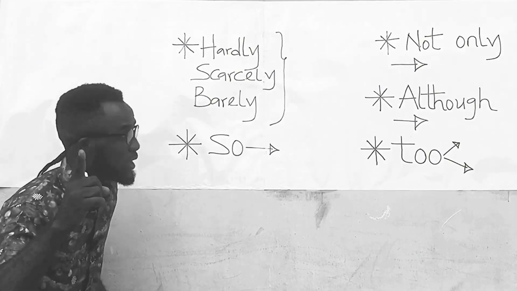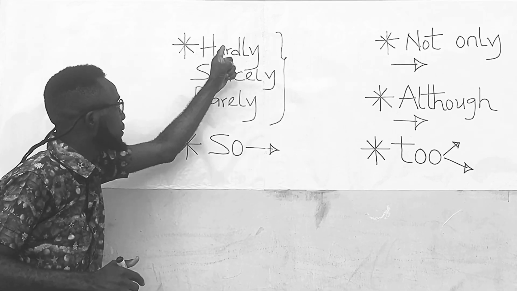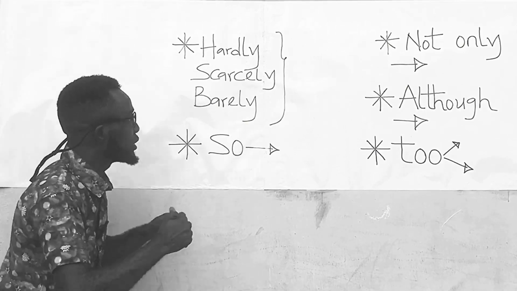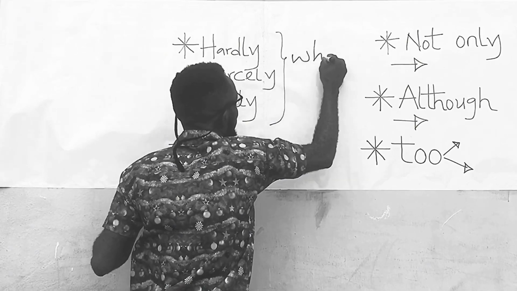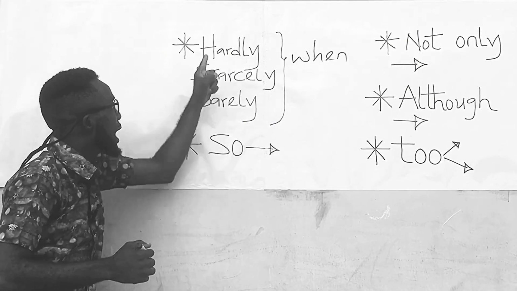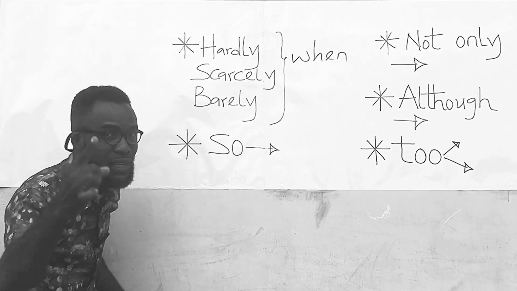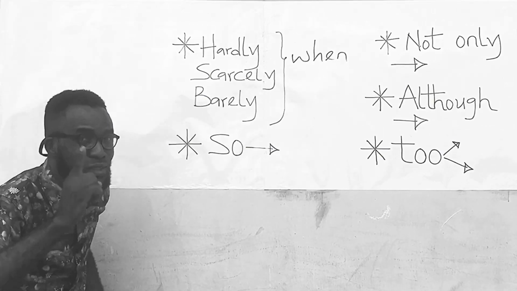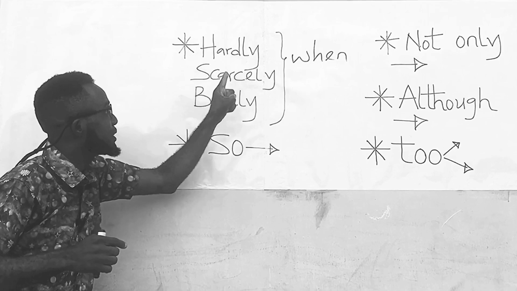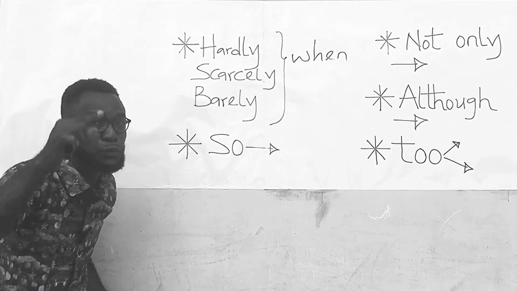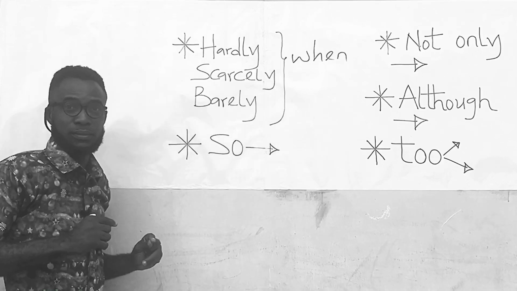Please note that the word hardly, scarcely, or barely collocates with the word when. Hardly, scarcely, or barely, when. This means that if a question contains the word hardly, scarcely, or barely, then the gap in the question should be filled with the word when.